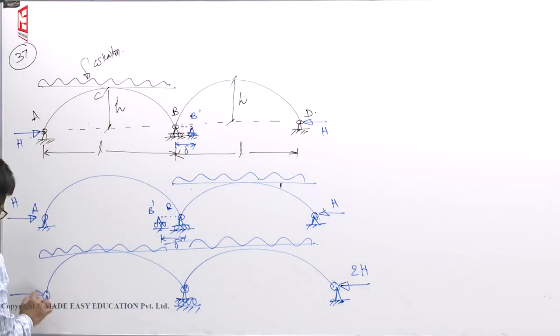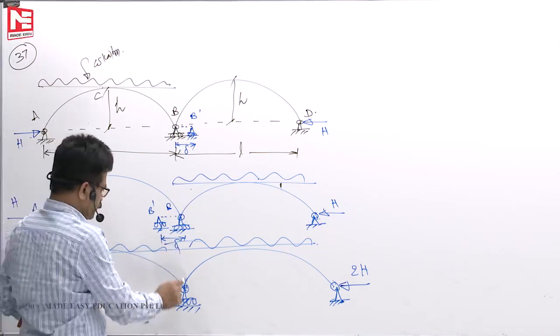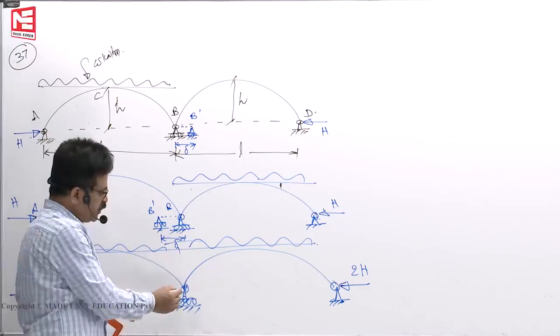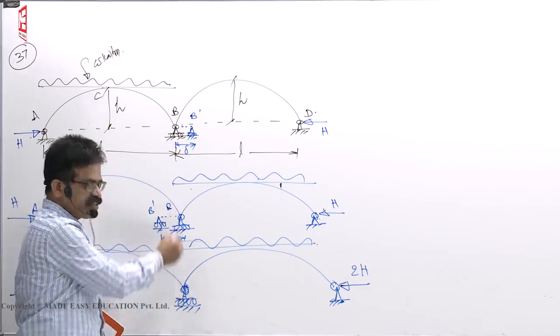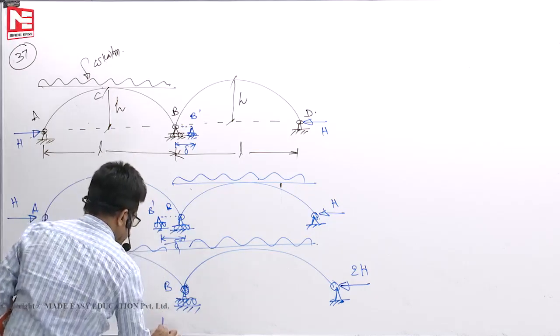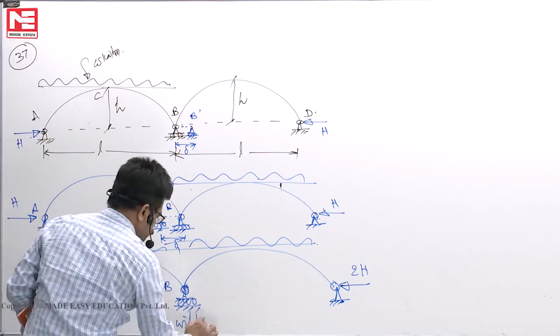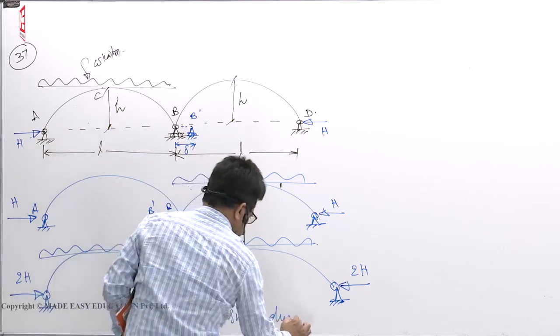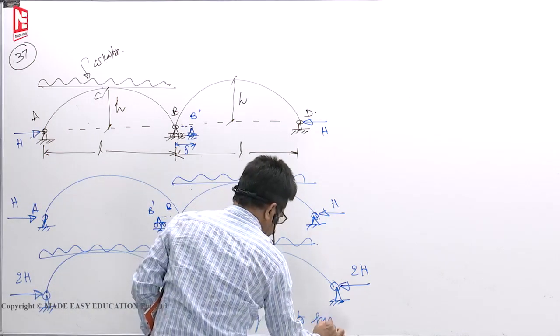Here also 2H. This case we know. In this case, for 2H, 2H when they develop, because of the symmetry of loading, B will not move in any direction. B will not sway due to symmetry.